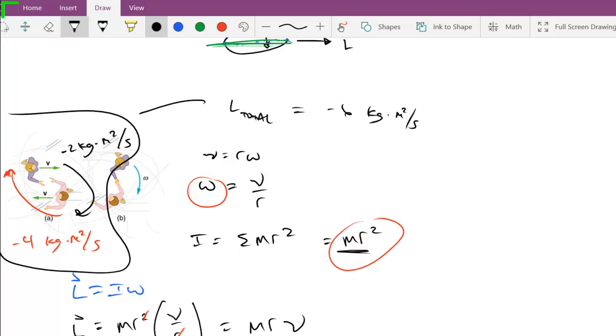So the total angular momentum is the vector sum of all the individual angular momentums. If we had 10 objects all rotating with their own individual angular momentums, we would just add them all together, just as we did with linear momentum.